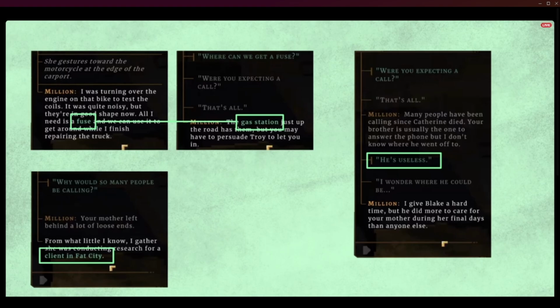Okay, in this dialogue snippet with Million, your cyborg nanny best friend, you point the player towards their next immediate need, right? A fuse. But by also hinting at a missing phone call, the player is able to choose an emotional response to their brother's absence, which Million then goes on to defend. This is quintessential layer caking.